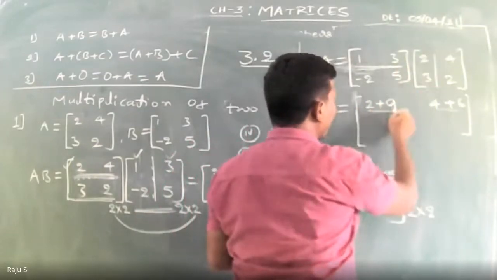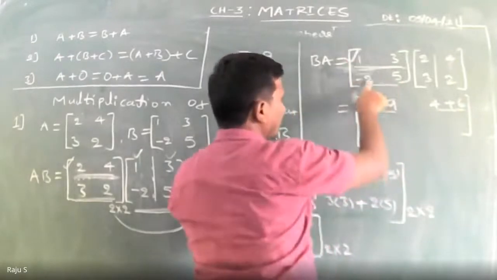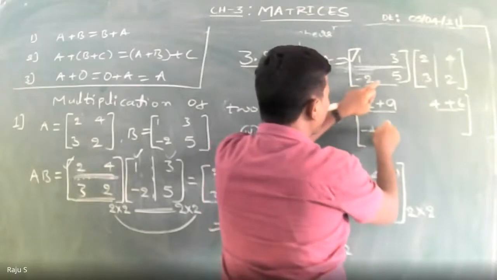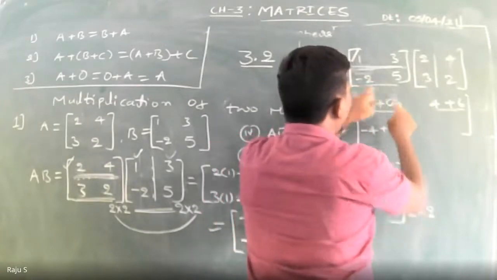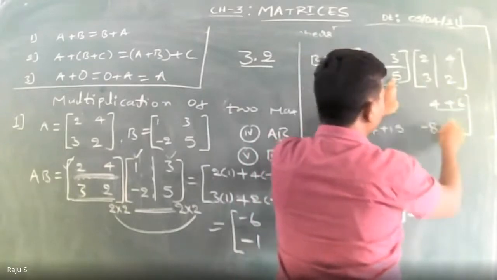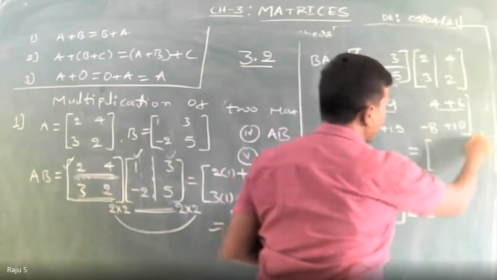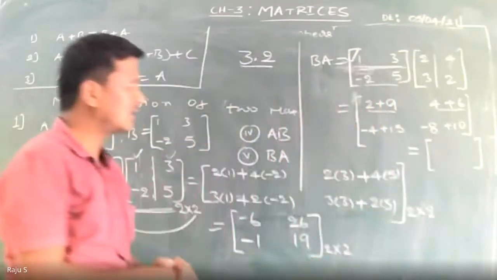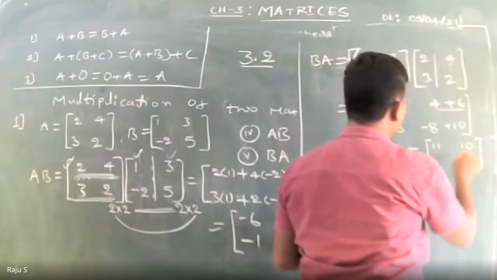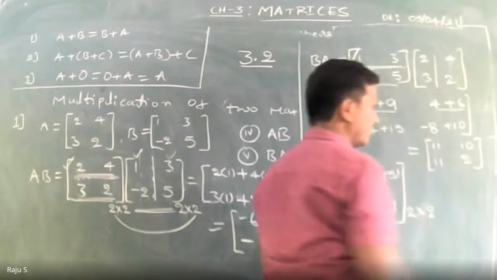First row completed. Next use the second row. Minus 2 into minus 2 is minus 4, plus 15, and minus 2 into 4 is minus 8, plus 5 into 6. So clearly, what is the resulting matrix here? 11, 10, 11, 2. Is it right?